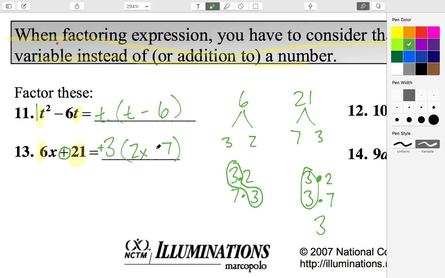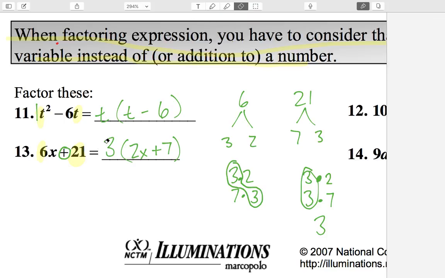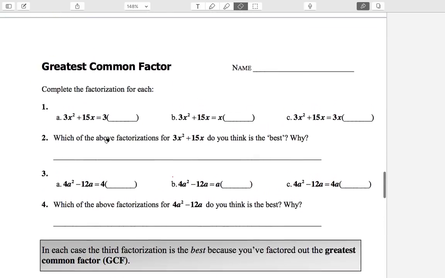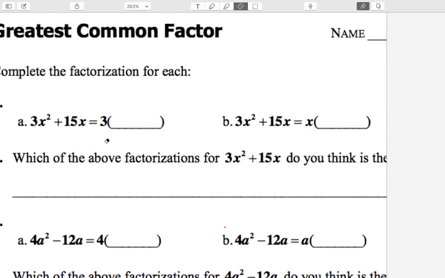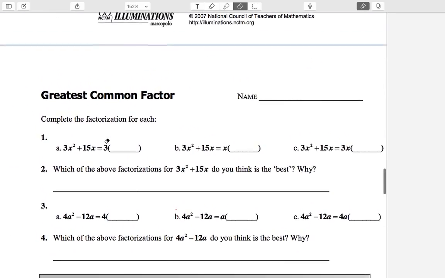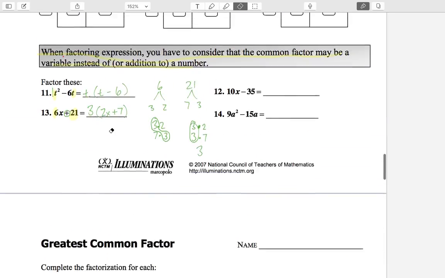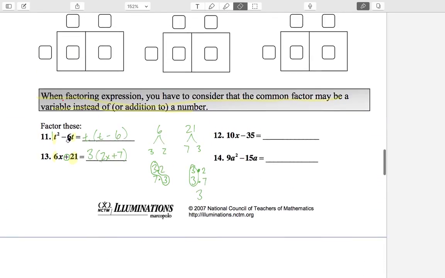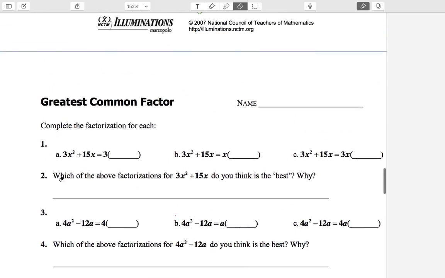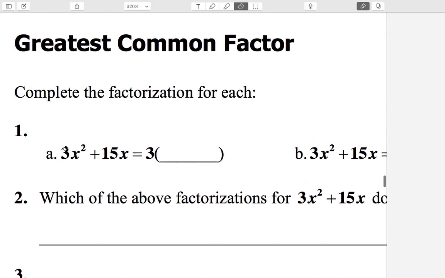Okay, let's see what else we got. Complete the factorization for each. So this is more practice. Now on this one, they are taking what you learned right here about the variables, and now you're combining that idea. So you're going to do variables and numbers. So you have 2 things to check for. Now, hold on.